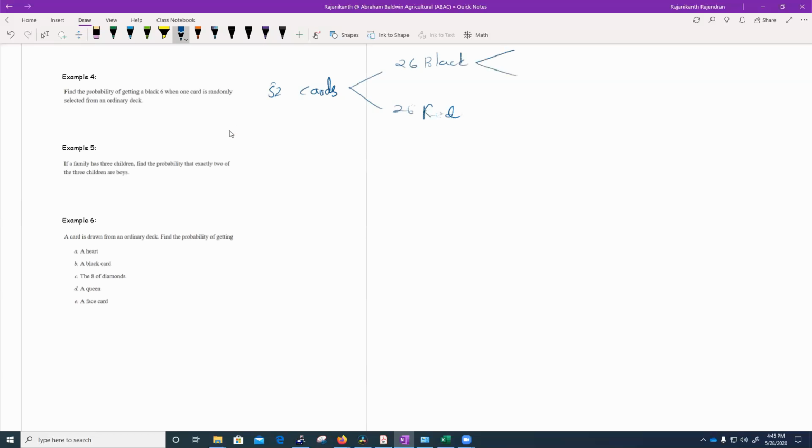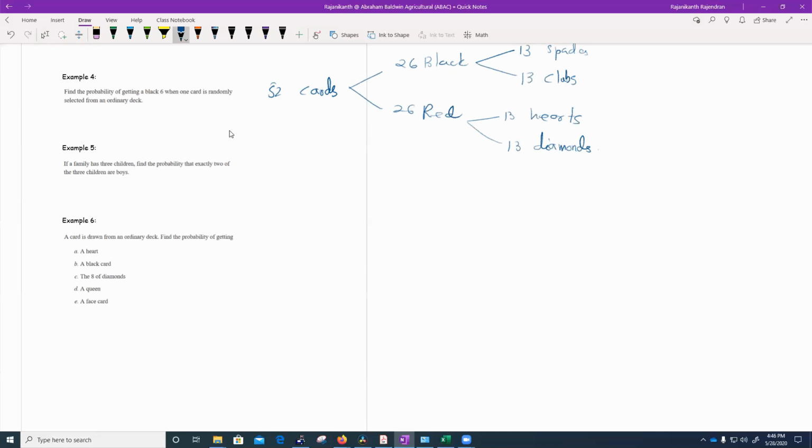Among those 26 blacks, we have 13 spades and 13 clubs. In red cards, there are 13 hearts and 13 diamonds. If you are not familiar with the card pack, you can just go and Google it. There are a lot of videos you will find about ordinary card packs.